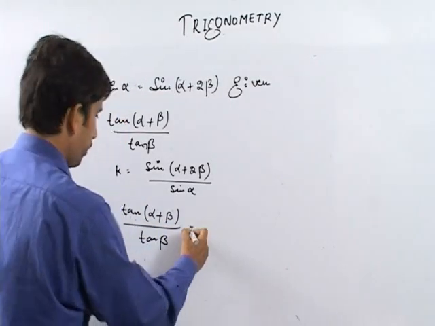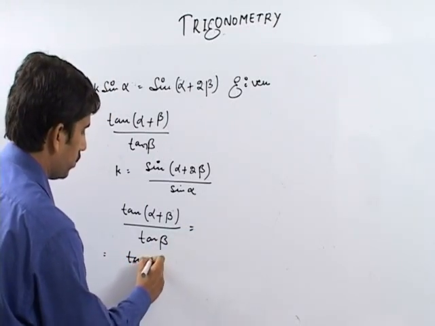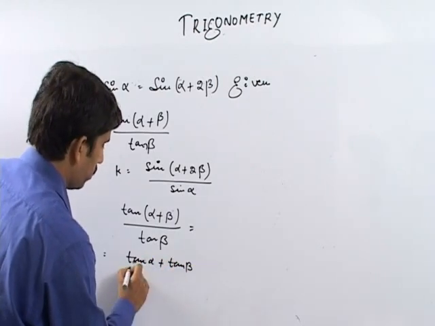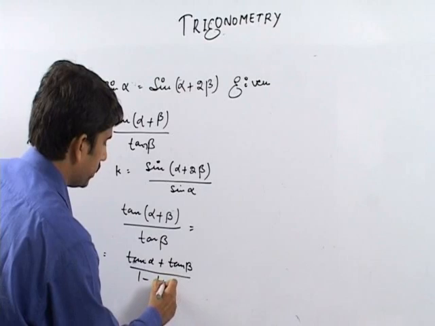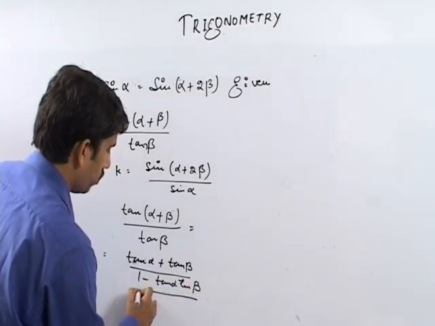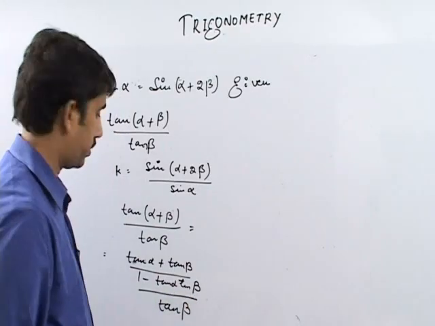you will get tan of alpha plus tan of beta over 1 minus tan alpha tan beta, whole over tan of beta.